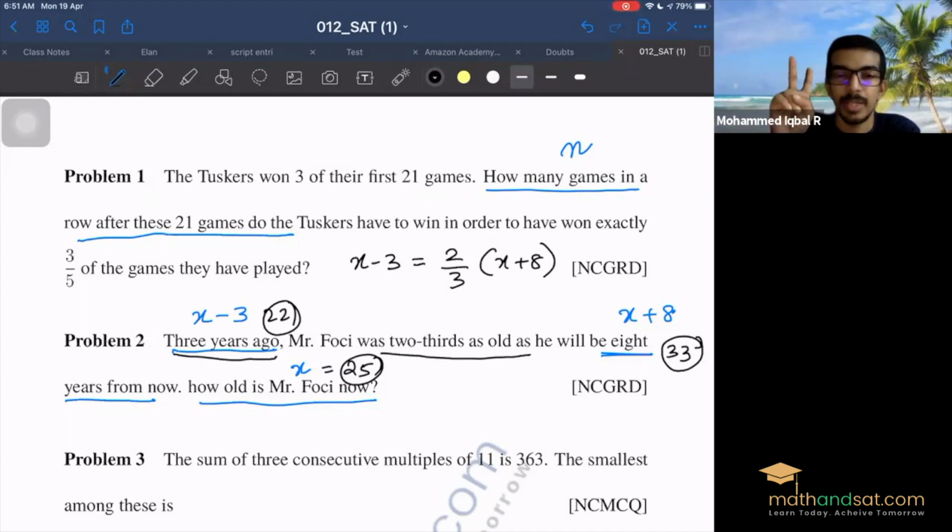Now, please listen carefully how to get an intuitive idea of the question. Within a gap of 11 years, what is the change that happens to his age?